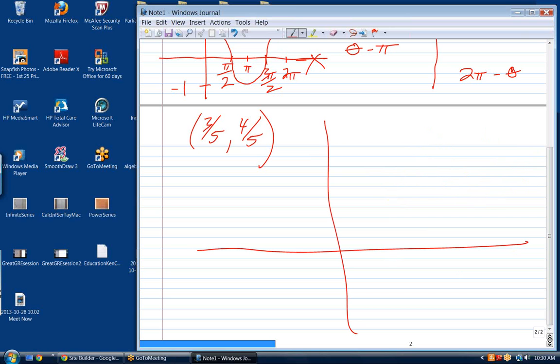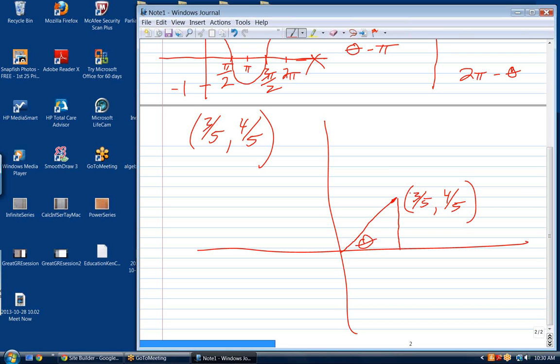So they're saying that's 3/5, 4/5. Yeah, that's the terminal point, and they want this angle, right? Yeah, they want sine, cosine, and tangent. Okay.